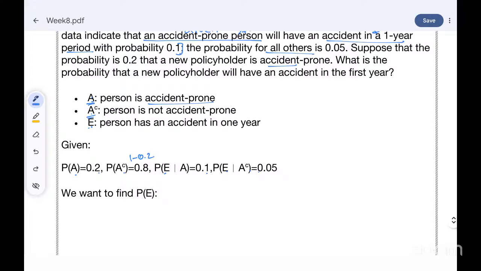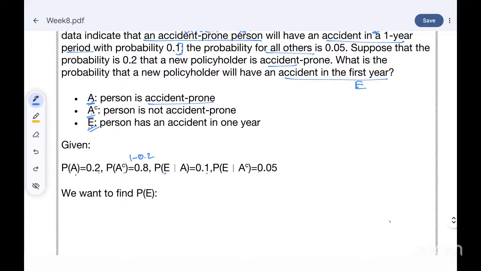Okay. Now what is it that they are asking? What is the probability that a new policy holder will have an accident in the first year? So it means they are asking what is the probability of E. Right? We want to find probability of E. How can we find probability of E? What is it that we saw just now?